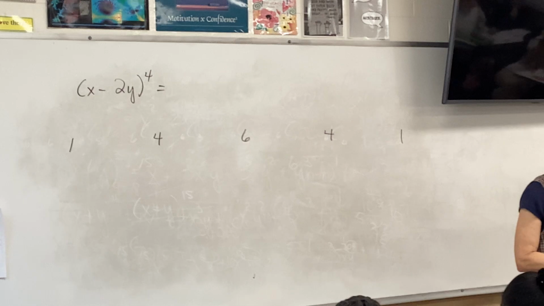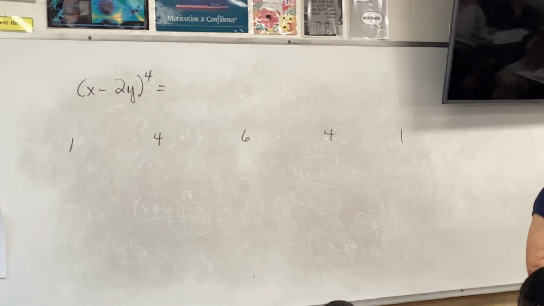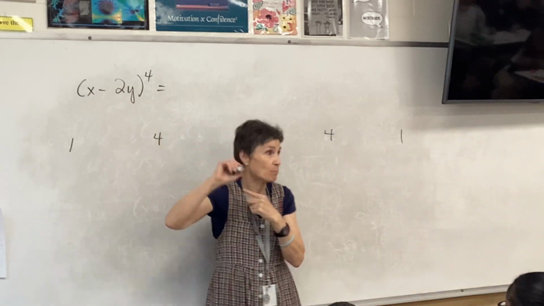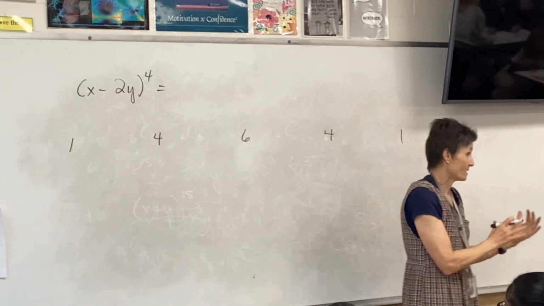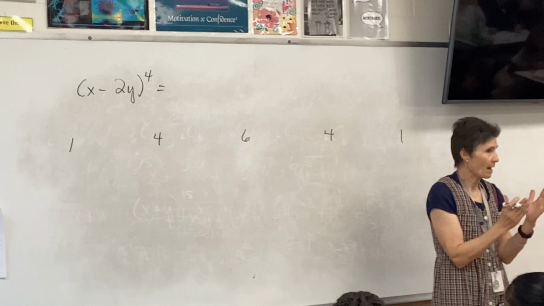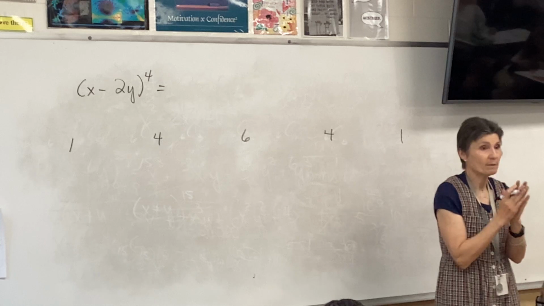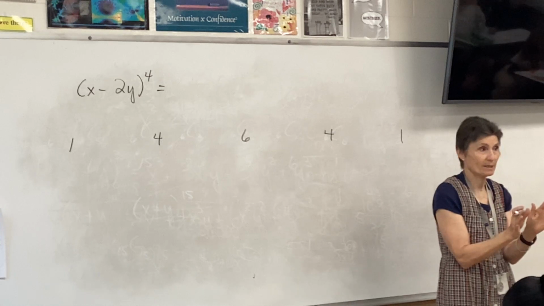Aren't those the numbers in the fourth row? If you are expanding to the fourth power, those are the numbers you start with. Now, there's another number inside of this problem, and that's gonna ultimately affect my answer, but not my setup. If I'm going to the fourth power, it's going to be 1, 4, 6, 4, 1 to start.